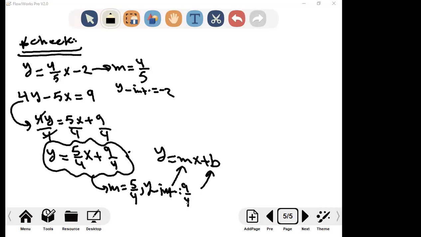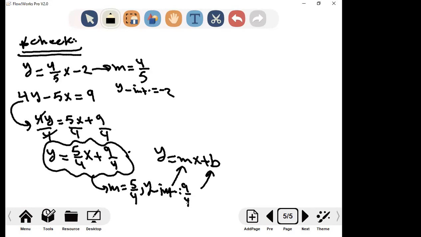So how many times do they intersect? One time. They will intersect one time. Intersecting one time means what? One solution, right? What do we call one solution? Consistent and independent.